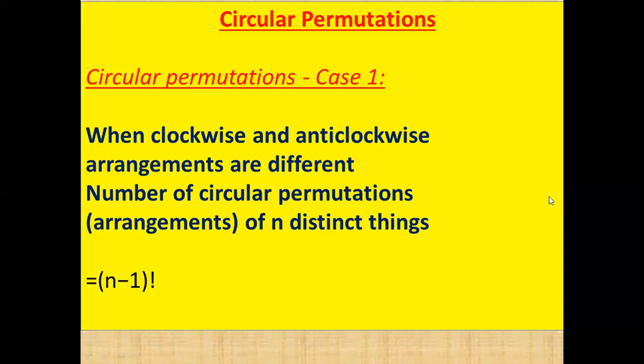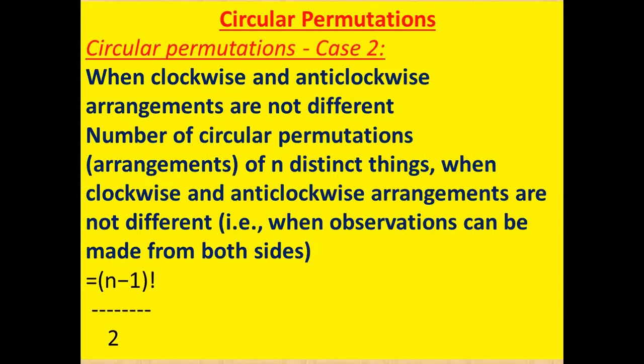So it means if we have 5 persons sitting around a circle, circular permutations would be factorial 5 minus 1, that is factorial 4. If you solve it, it comes out to be 24. But there are certain cases when the clockwise and anti-clockwise order doesn't matter. Suppose you have a necklace of beads.